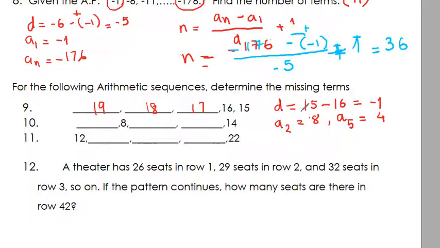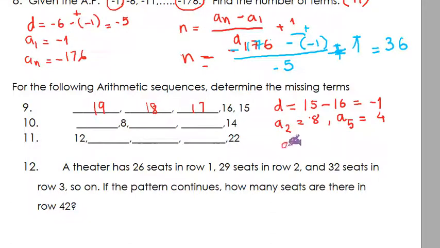Alright, now we know a sub 2 and a sub 5, right? So what should we do next? 5D, right? Okay, we find D. Formula, okay.